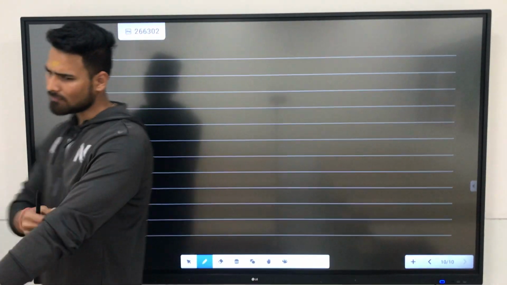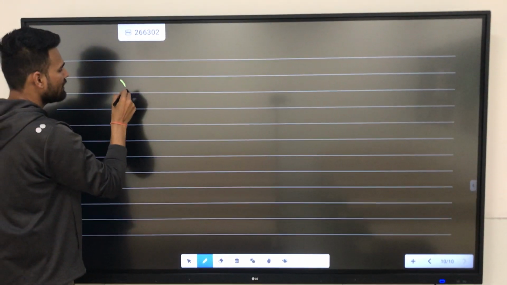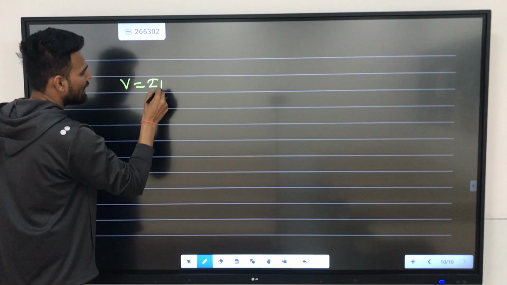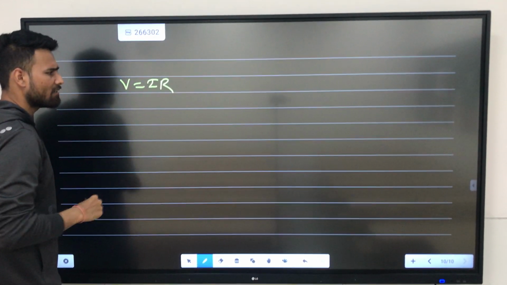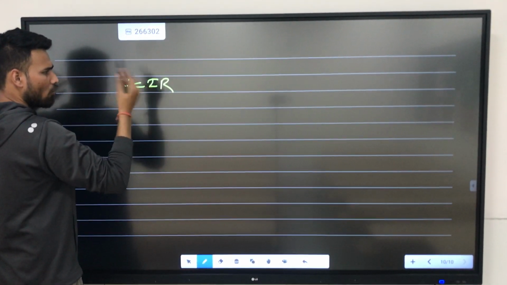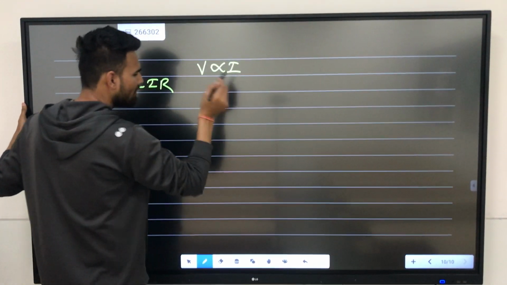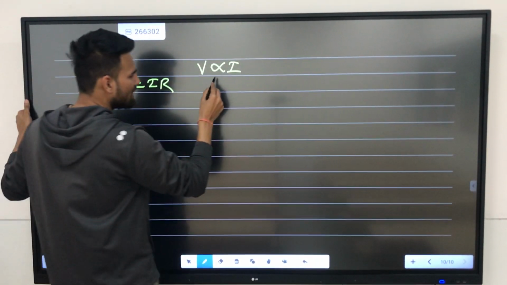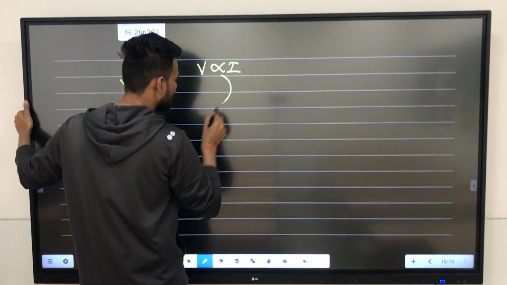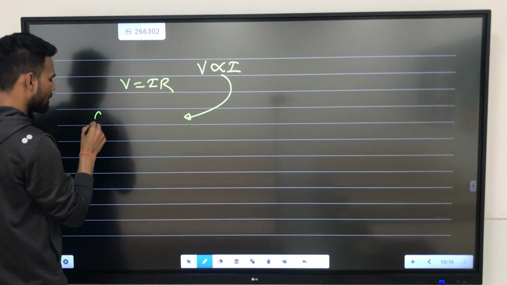Chalo, so moving ahead. Now, if I am saying that V is equal to IR, it means Ohm's law stated that V is directly proportional to I. And if V is directly proportional to I, its graph will be a straight line.